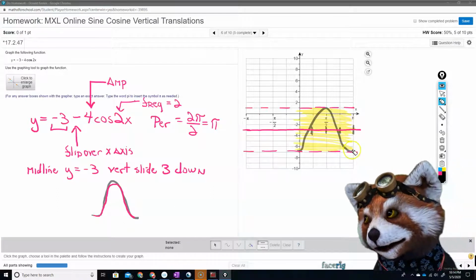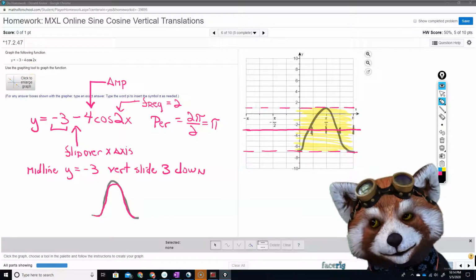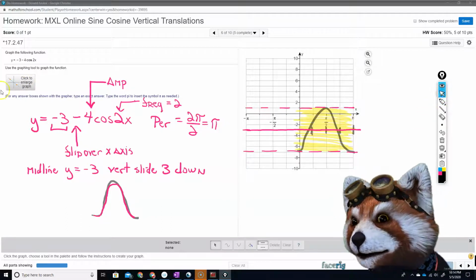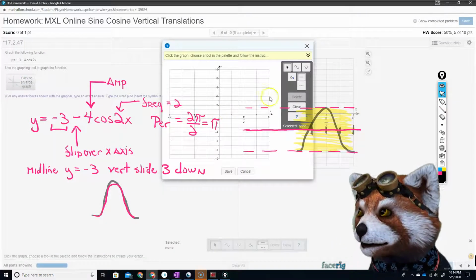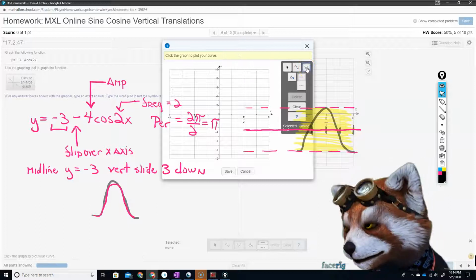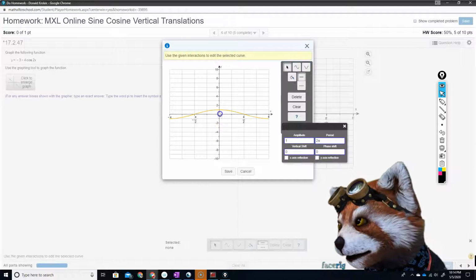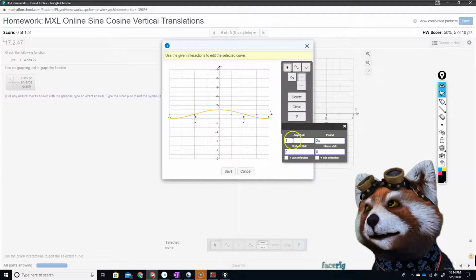And that would be our graph. Okay, now you're going to do it with a tool. Do that now. So we are picking a cosine tool. Click on the origin. There's my cosine.